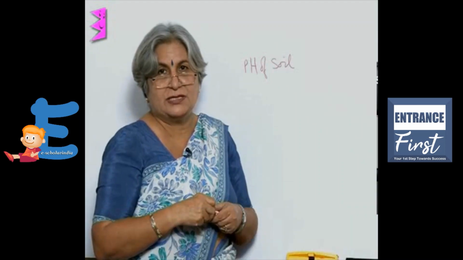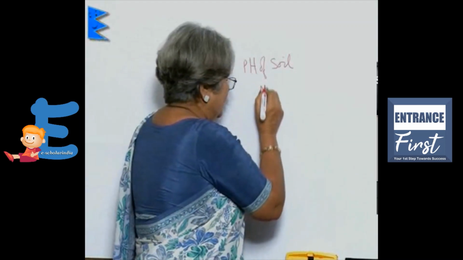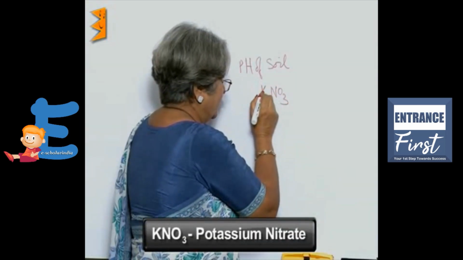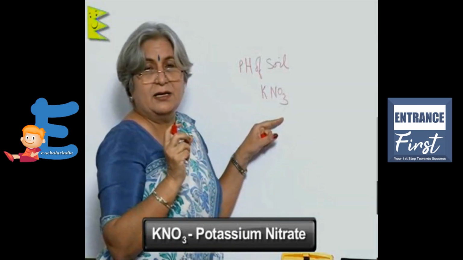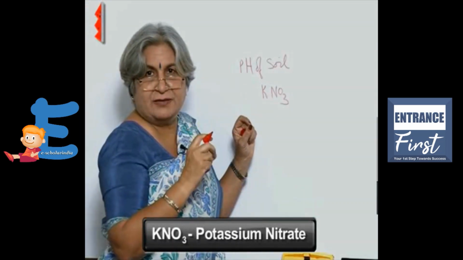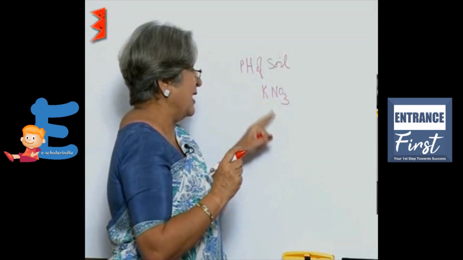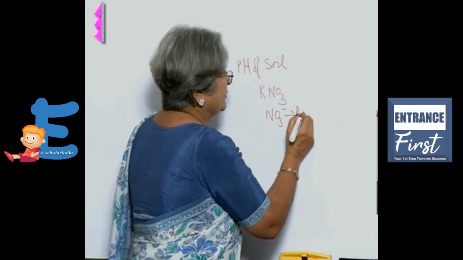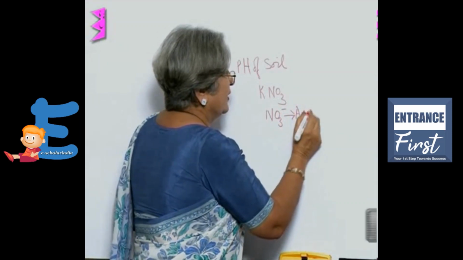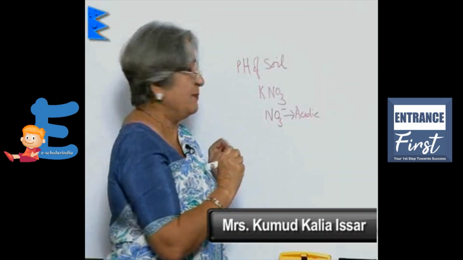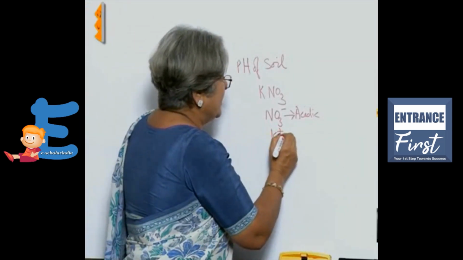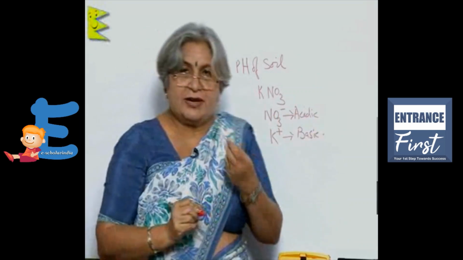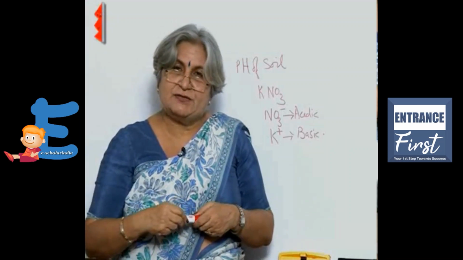If the fertilizer used is, say, sodium nitrate or potassium nitrate, and the soil needed potassium, it was deficient in potassium, then the nitrate ion is left in the soil, and so the soil turns acidic. And if nitrogen was needed by the plant, then potassium ion will increase in the soil and it will become basic. So what we can do is check the pH value of the soil.